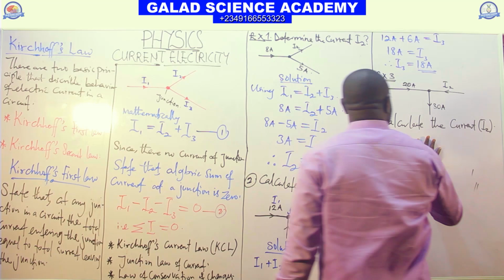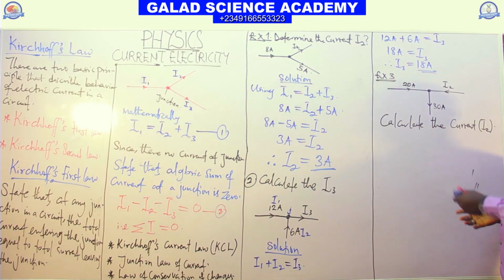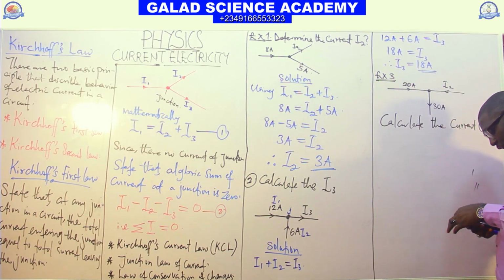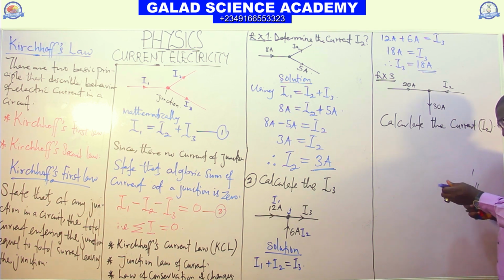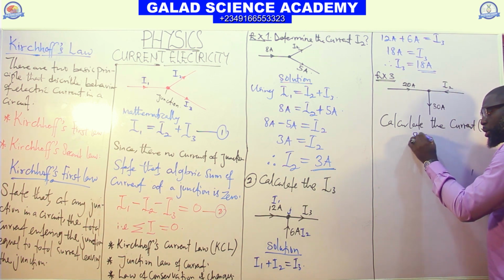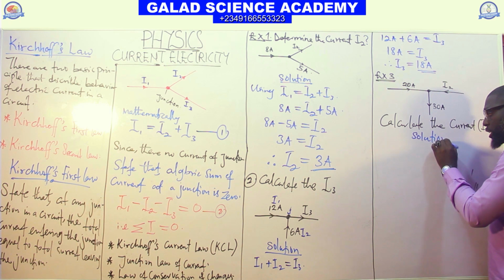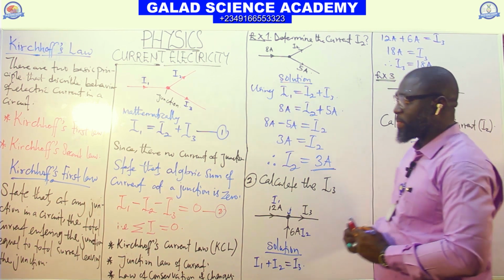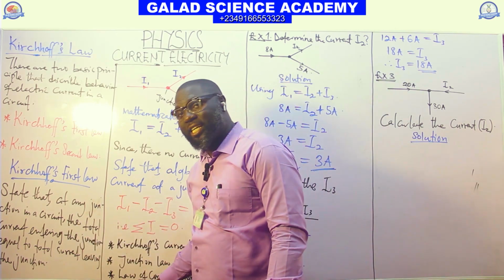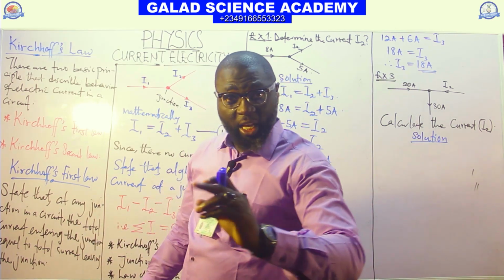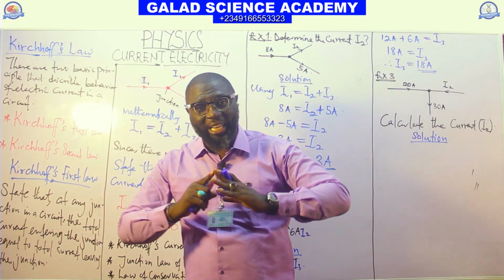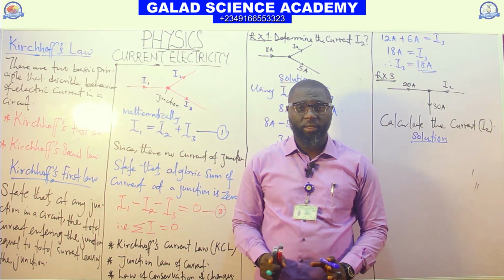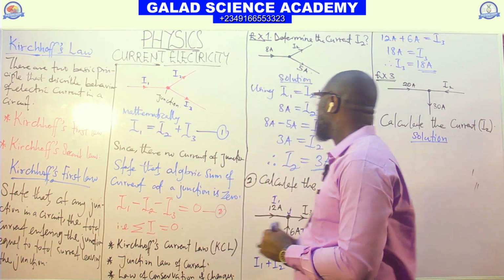In this sketch, before you can solve it, use the same procedure from the first law: the sum of the current entering a junction is equal to the sum of the current leaving a junction. That is the rule.